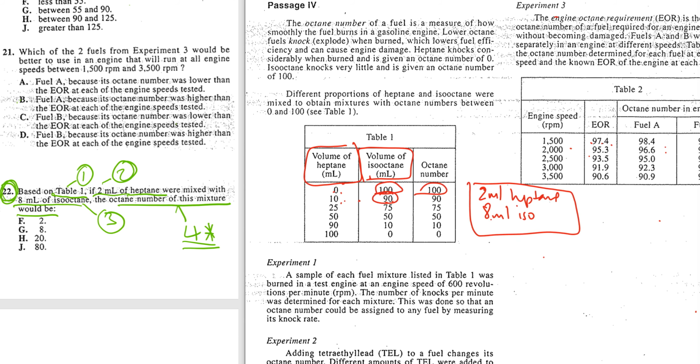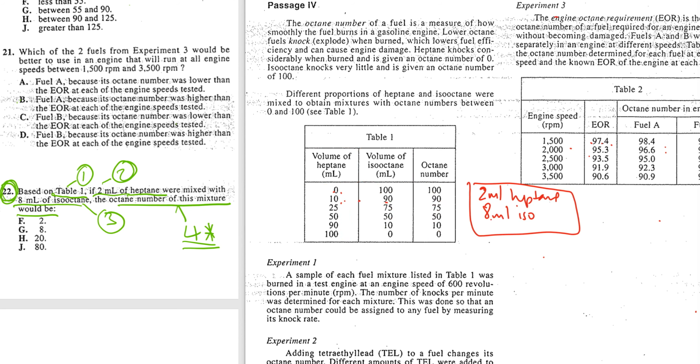At 90, it's 90. At 75, it's 75. At 50, it's 50. At 10, it's 10. At 0, it's 0. What heptane is doing doesn't matter a fig. It's basically isooctane that is dictating the octane number.